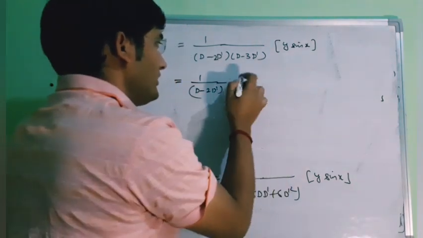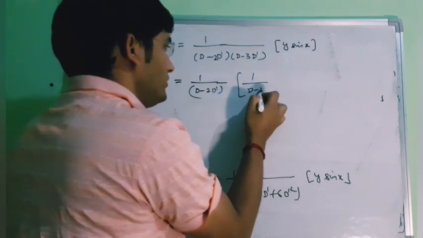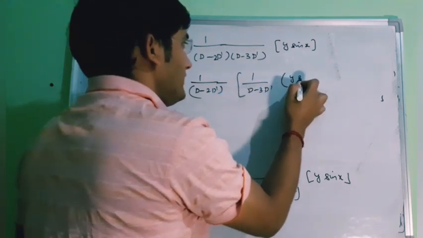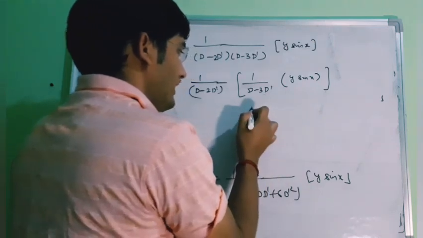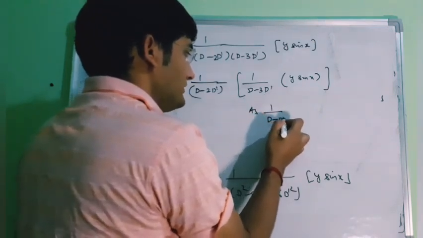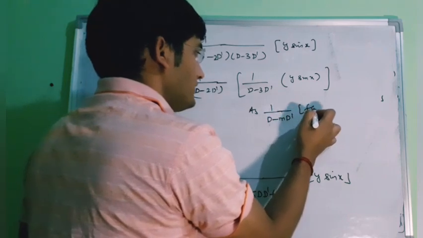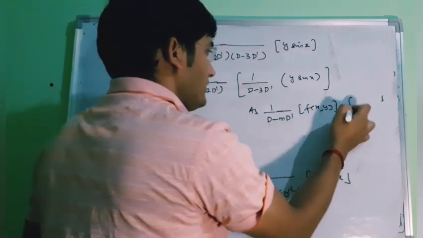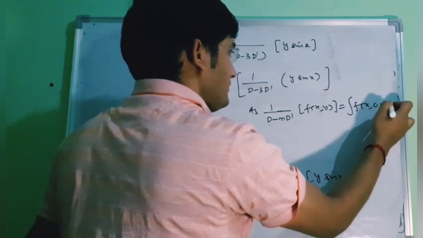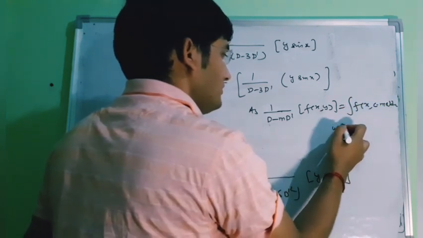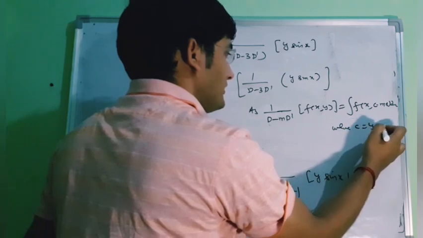This can be written as 1 upon D minus 3D dash of y sin x, and let us apply this formula: 1 upon D minus mD dash of function of x, y is equal to the integration of f(x, c minus mx) dx, where c is y plus mx.